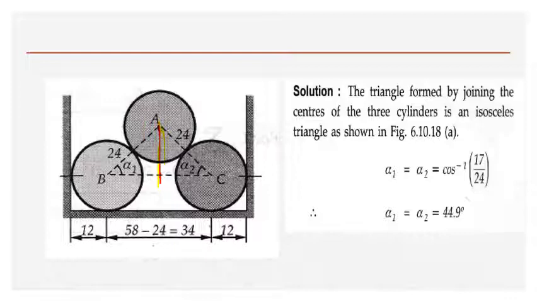So this width, between the midpoint of BC, if the total length is 34, that would be 17. So cos alpha 1 is equal to 17 by 24. So you get alpha as 44.9.